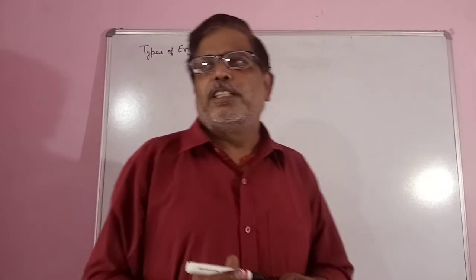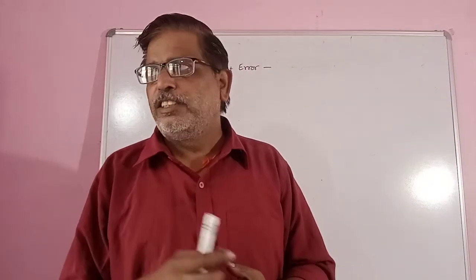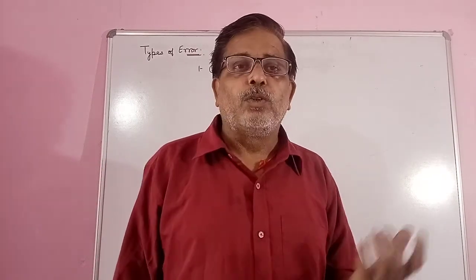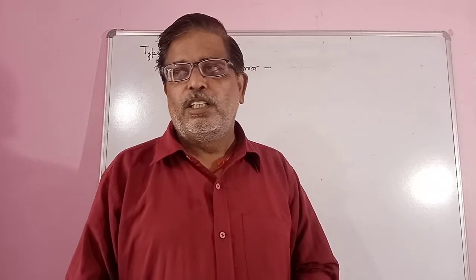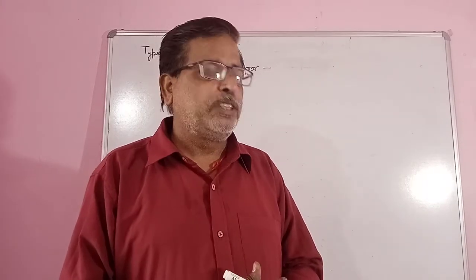Basically this topic is not numerical or derivation type of topic. This is general theoretical topic, so we are discussing here. So first thing, constant error. What does it mean, or what is the simplest example of this thing?